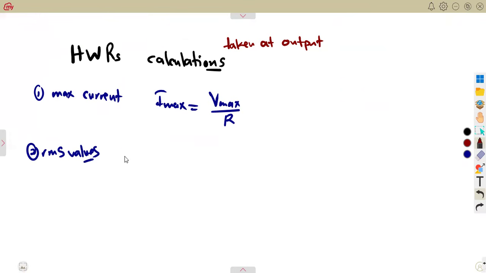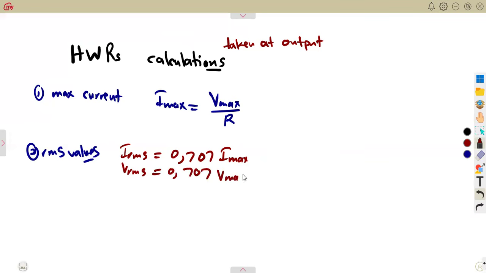The current RMS value is equal to 0.707 of the maximum value, or you can just write this as Im for the maximum value. Same thing with the voltage.